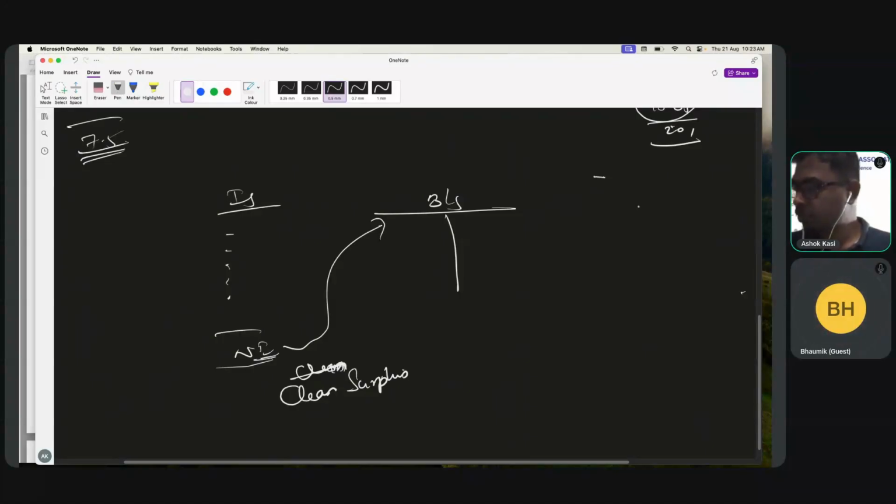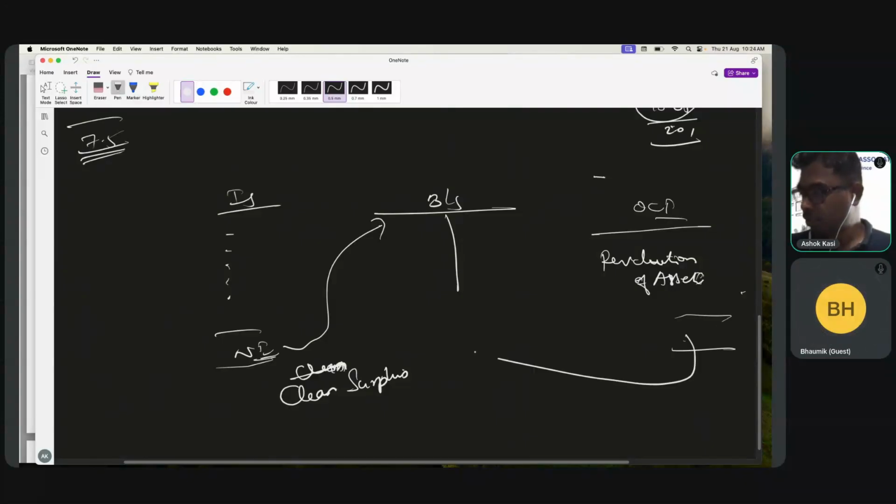And OCI is when you do revaluation of assets and all such things. So instead of directly going to the income statement, it is coming from OCI to the balance sheet. That is called violation of clean surplus.